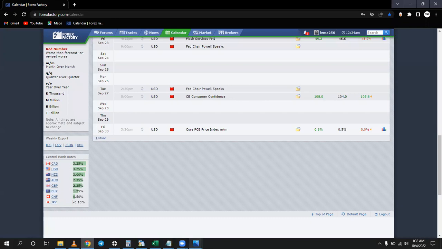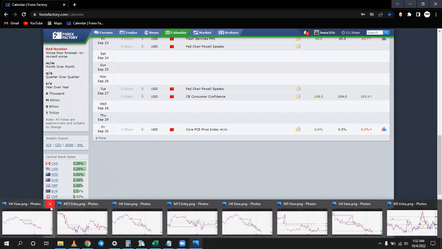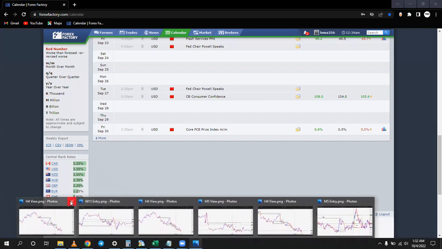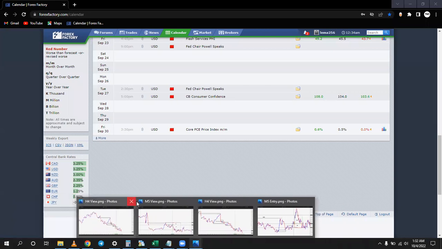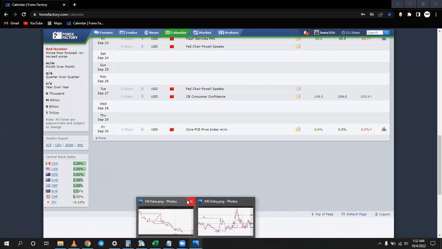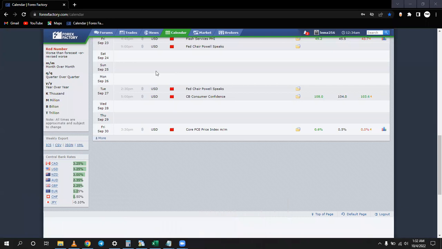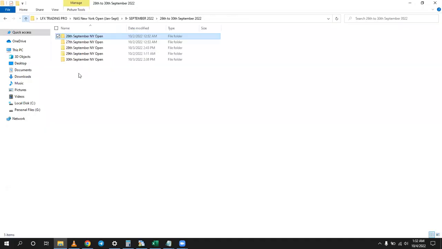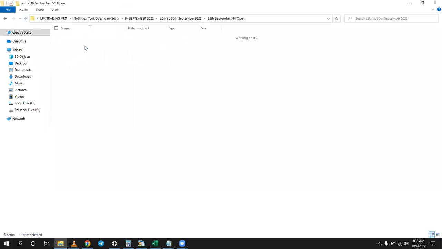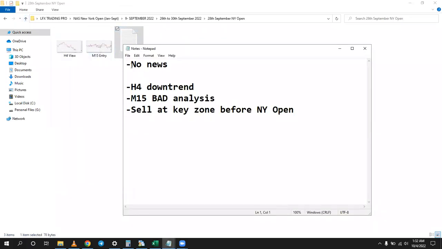We had no news. Yes, we had no news on 28th. Let me see the folder. So in my notes, we had no news. We had a downtrend with the H4, then M15 presented to us.